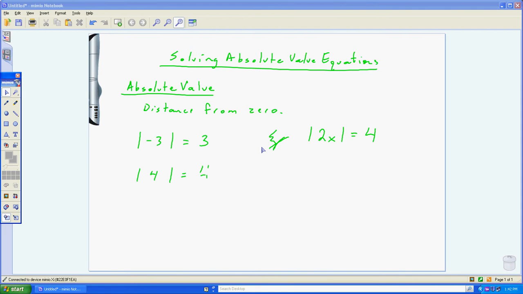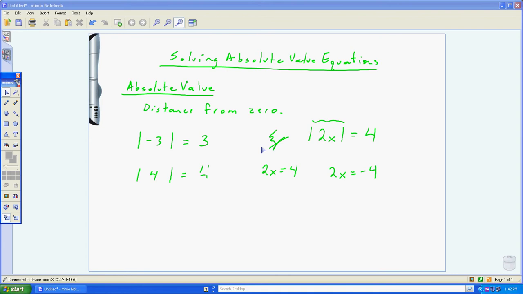Well, remember, inside of this bracket, it can be a +4, but it can also be what inside? -4, because the absolute value of it would come out +4. So we actually set up both equations. We get rid of those absolute values, and we go 2x can equal +4, and 2x can also equal -4. And then we just solve it.